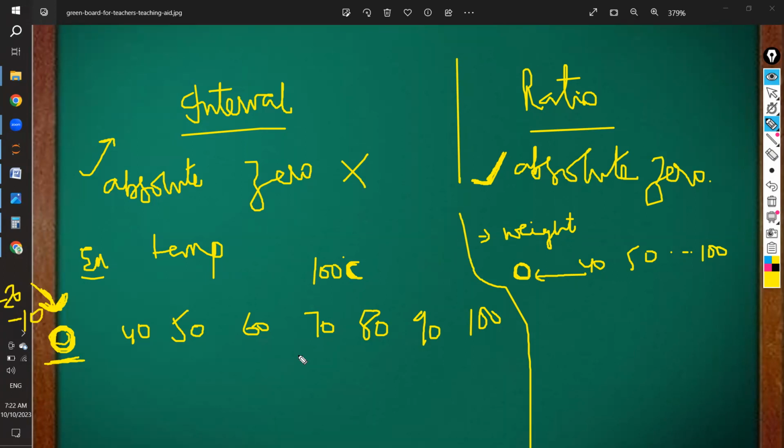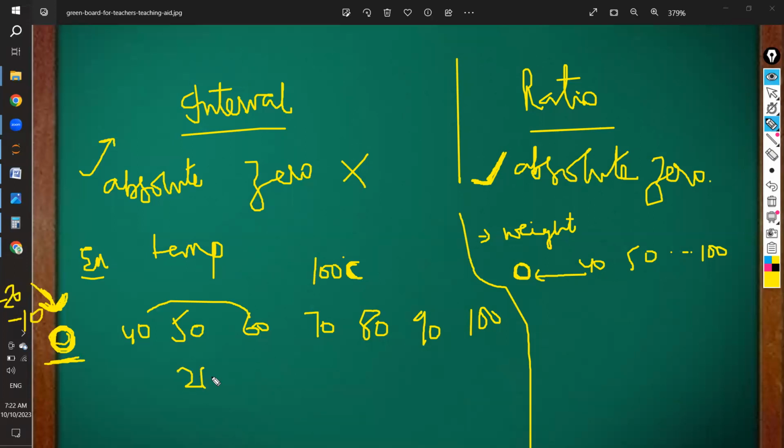One more important point when you're saying ratio: let's say you're having 40, 50, 60. Now for temperature, 60 minus 40 gives you 20 degrees, right?